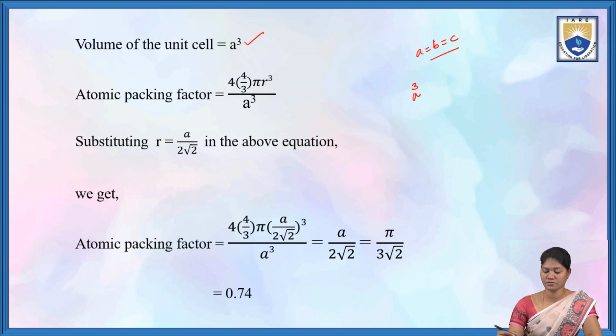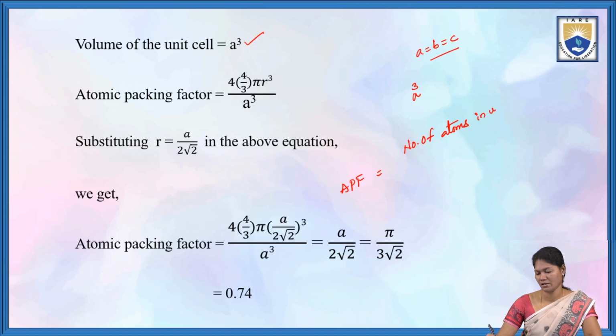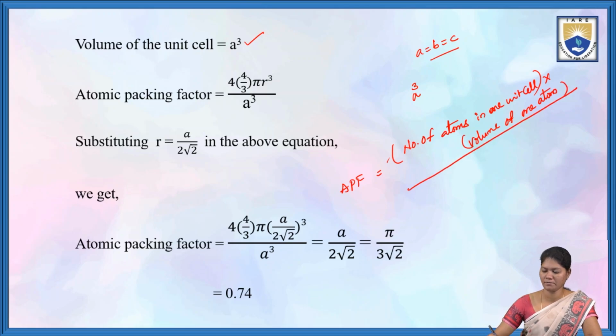Atomic packing factor, I just write APF in short, or packing density, is the number of atoms in one unit cell into volume of one atom divided by volume of the unit cell.